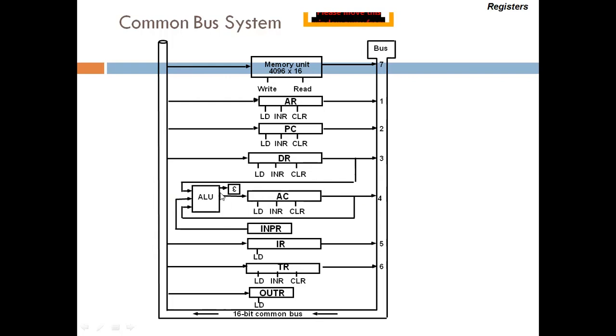Out of these 3 possible ways, any one or two data come into this ALU, any arithmetic or logical process is performed, and the output is generated and stored in the accumulator.